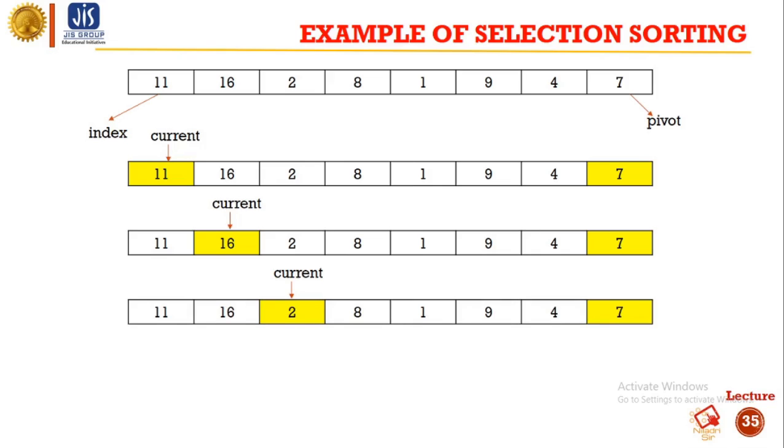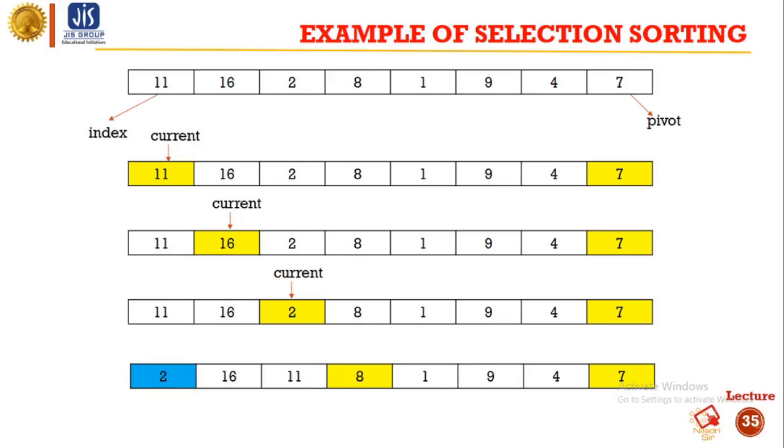Next, the current element is 2, and we have checked the current element with the last element, the pivot element. Here we can see that 2 is smaller than the pivot element, so there will be a swap. 2 will go to the index position, and the element at the index position will come to the current position.